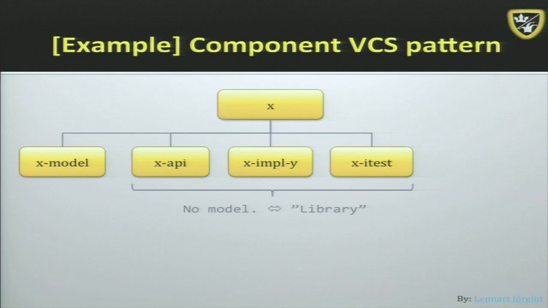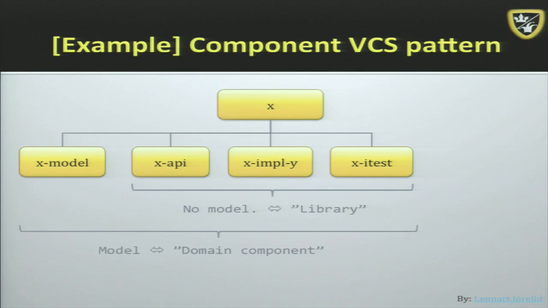If we haven't got a model, so there are no entities for this particular component, I'll refer to it as a library. It's basically something like caching. There's no caching model. Like you can't take anything really to cache, so it has no model, it's a library. But if you have a model, then it becomes a domain component, because then you try to model the pieces of the domain within entities in the model project, right?